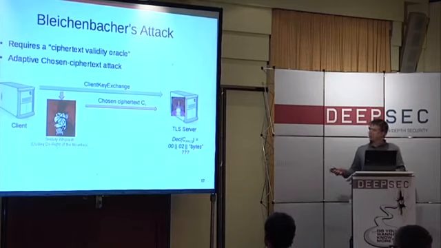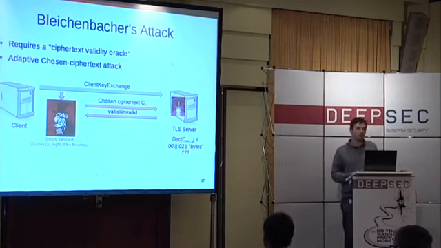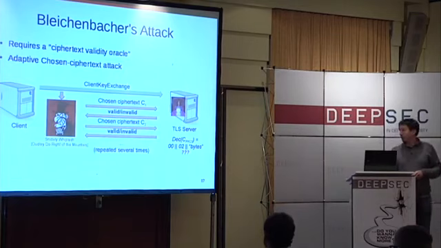The server, the oracle, decrypts the message and checks if it starts with 0002 in our case, and based on this, it responds to the attacker with valid or invalid, based on the message validity. The attacker chooses several ciphertexts and repeats this several times.